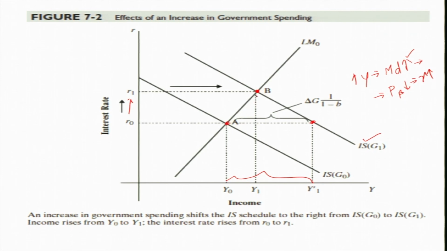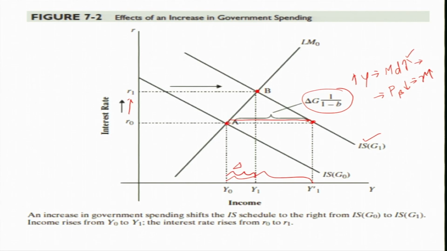Due to the increase in the rate of interest, what we are expected to see is that the increase in income, the del y, is supposed to be this much, this distance. But due to the increase in the rate of interest, there will be a decline in investment. So as a result, the actual increase in del y is going to be only this much.